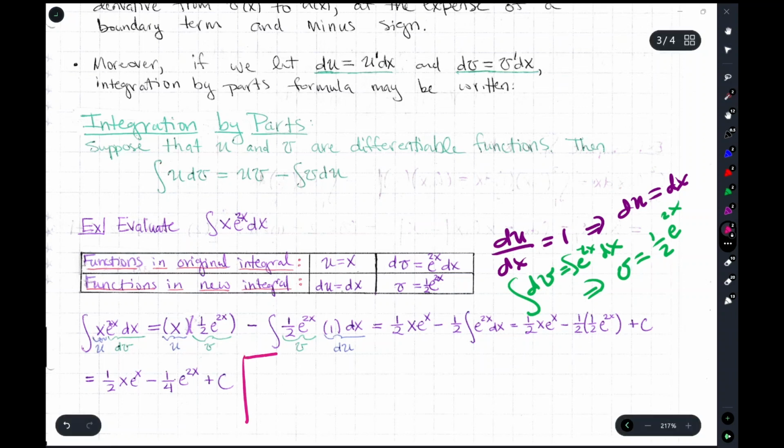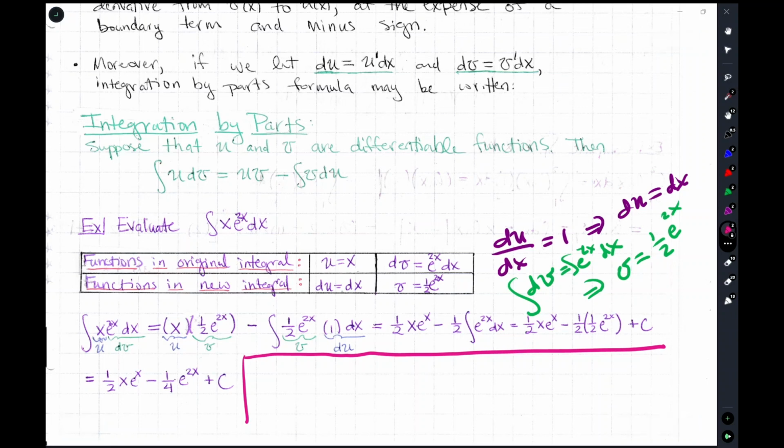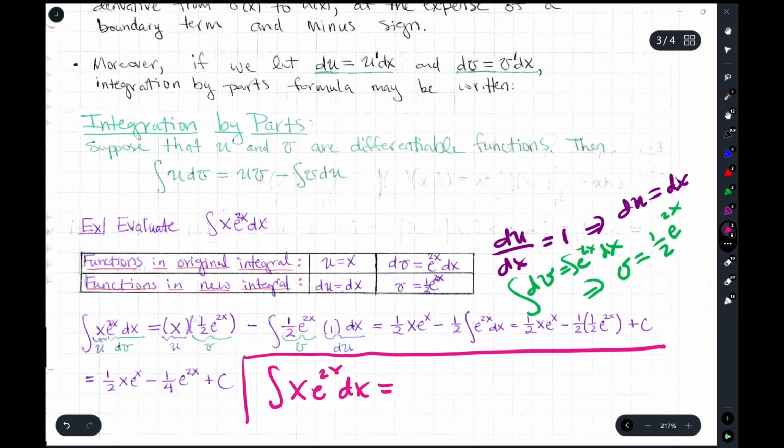Some people prefer to just use the box and write it out, and that's very useful for when you first start learning this section. On the other hand, once you get used to it, what you could do is think about integration by parts as sort of factoring out a derivative from one expression.